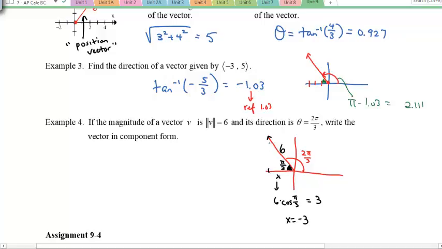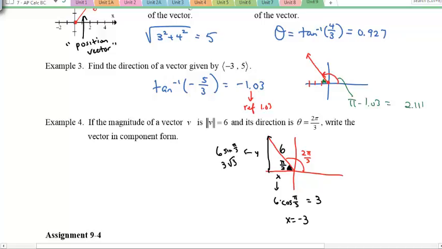And then the y component is this up here, and that would be equal to 6 times, oops, did I say cos? I meant sine pi over 3, and I think that's just 3 root 3.